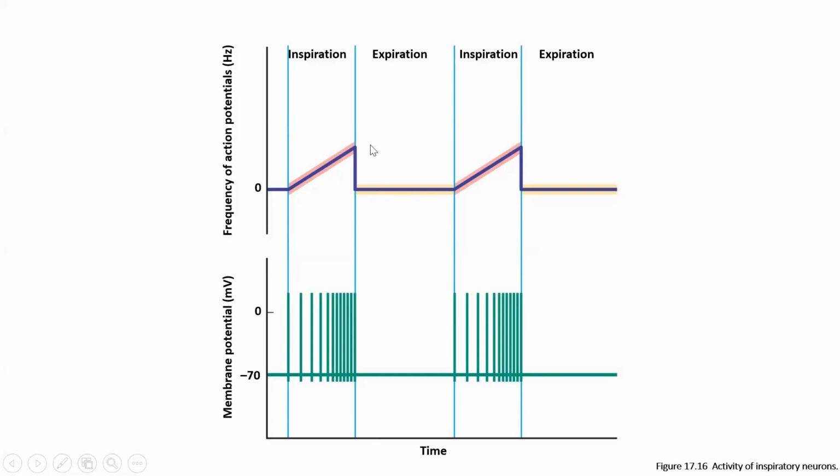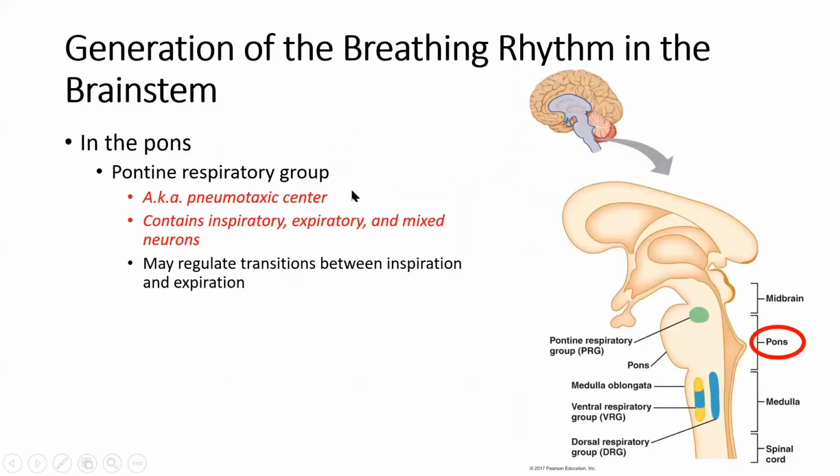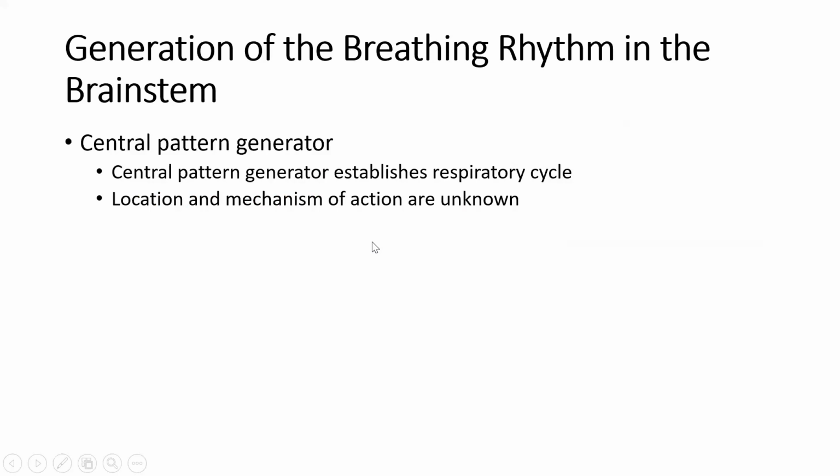So the pontine respiratory group is thought to be involved in this transition, going from the activation of inspiratory muscles to the relaxation of those muscles, but then also possibly the activation of the expiratory muscles if it's forced breathing. That's all we know about the pons, its location, and its involvement in the transition from inspiration to expiration.